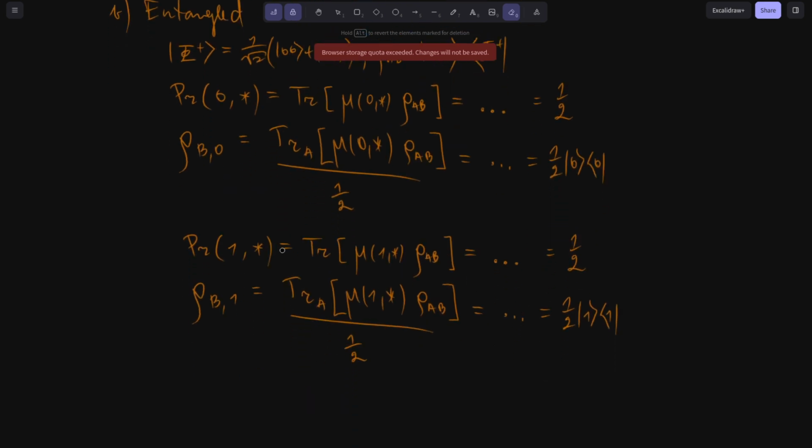And what is the probability of us measuring 1 on the first state, on the A system? Again, measurement applied to the state, calculating the trace, we get 1/2. What is the state left on the B system? The B subsystem has now the partial trace of the measurement applied to the state, again normalized by dividing by the probability, and we get this thing.